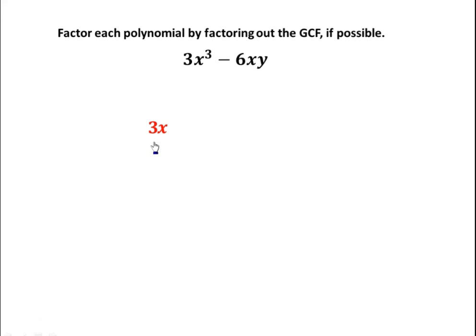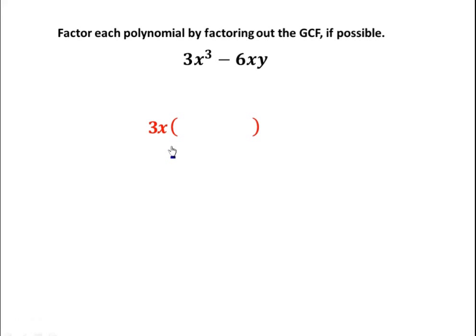Now, what I'm going to do with this greatest common factor that I factored out, right beside it, I want to put an empty set of parentheses. And it needs to be about the size of my original polynomial, because something will have to be placed inside of these parentheses. Now, what you need to realize is that factoring is a form of division.